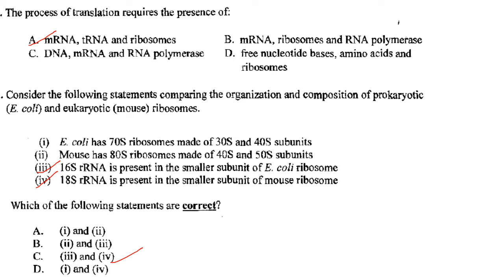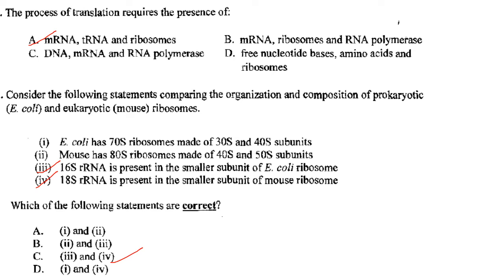Then next one. The process of translation requires the presence of mRNA, tRNA and ribosomes. Answer is option A. Consider the following statements comparing the organization and composition of prokaryotic, that is E. coli, and eukaryotic mouse ribosome. E. coli has 70S ribosome made of 30S and 40S subunit.